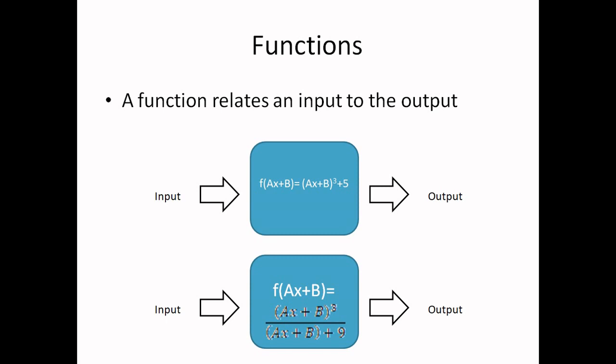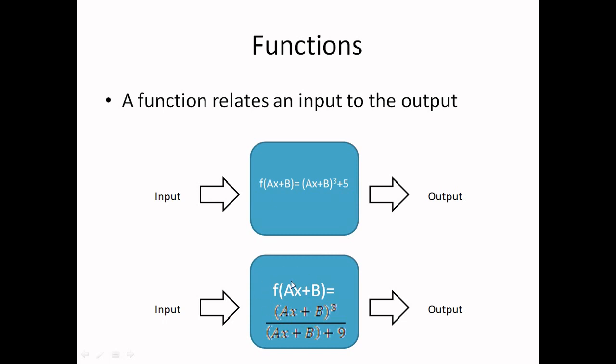So this system depends on the input ax plus b, because based on that it will compute the expression written on the right hand side, that is (ax plus b) whole cubed plus 5. So as an input you supply ax plus b, and based on that it computes the output.